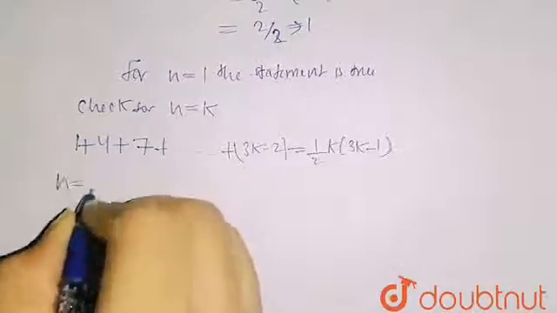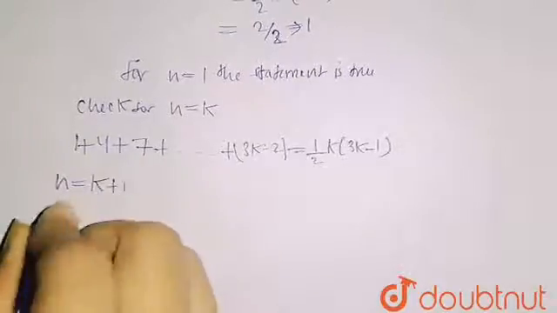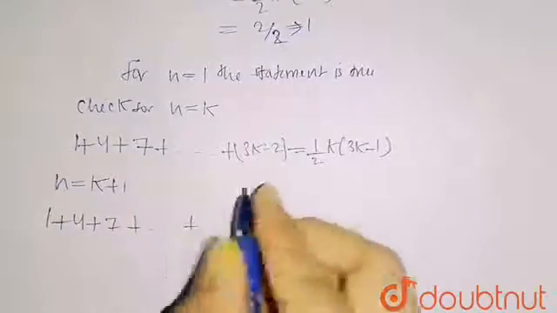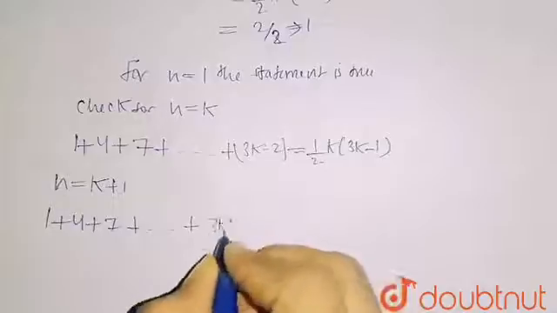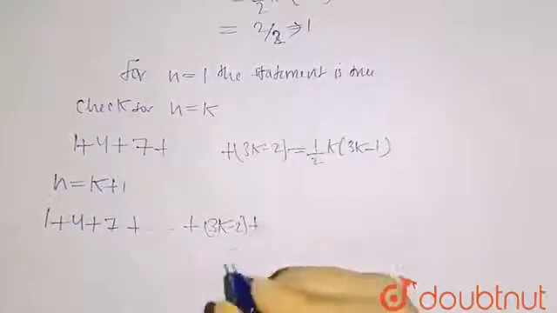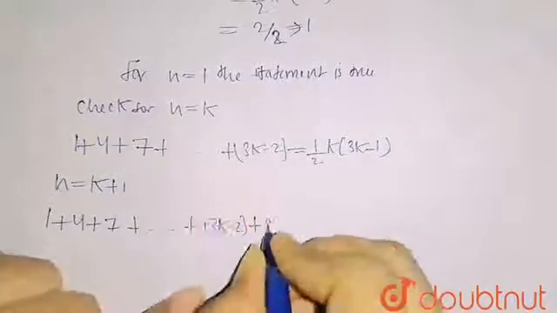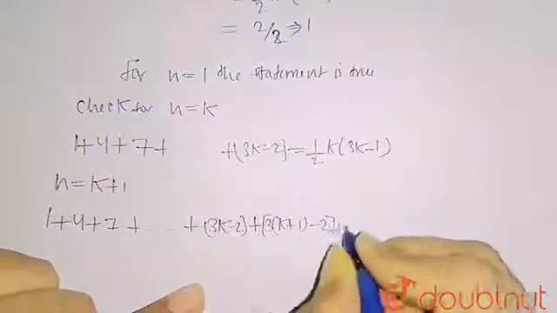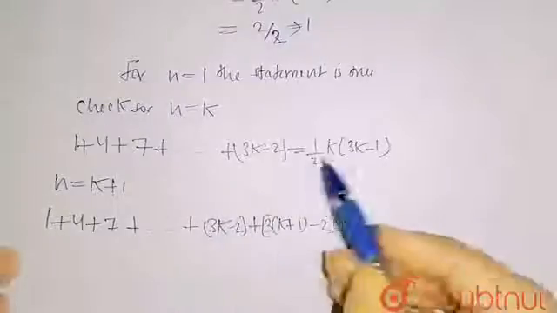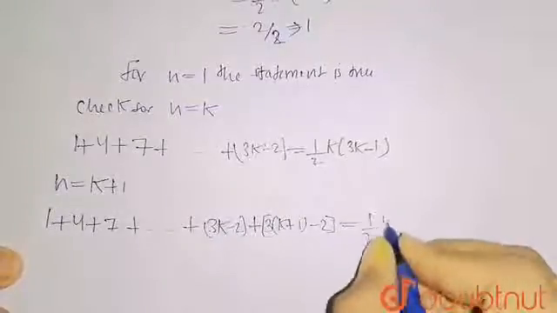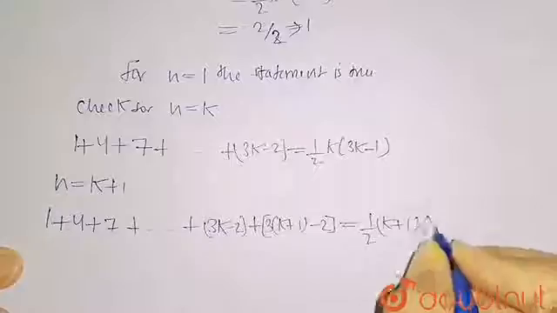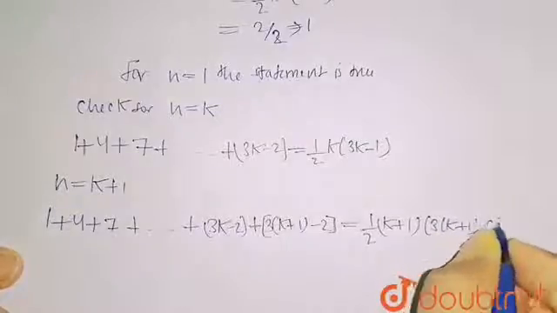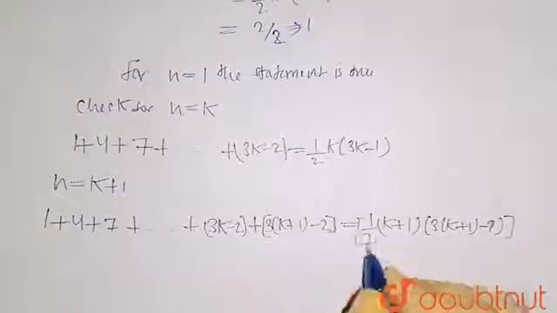So when I will put n equals to k plus 1, so I will get 1 plus 4 plus 7 and so on. I will write this term 3k minus 2. Now I will put k plus 1 here. So 3k plus 1 minus 2 equals to, here you have to put k plus 1. So 1 by 2 k plus 1, 3 into k plus 1 minus 1. Okay.